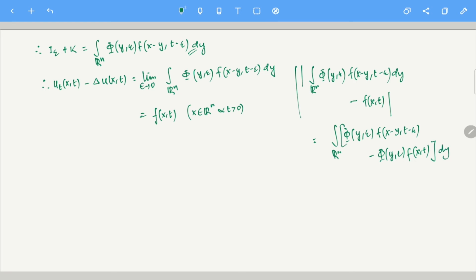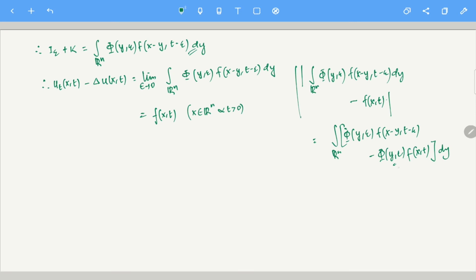Because f of x,t I can write as times 1, which is the integral of phi of y epsilon dy. Then I can take it inside, because x and t are independent of y and epsilon. This is the fundamental solution, so the integral of the fundamental solution is 1. I am just using that part.